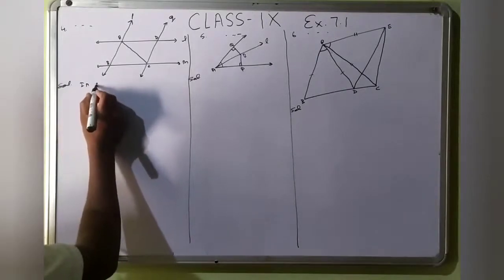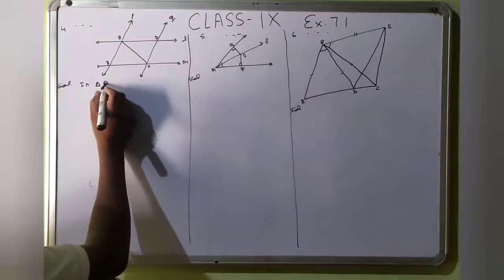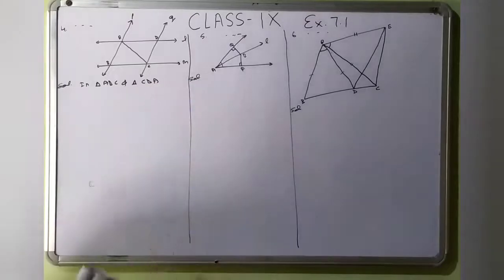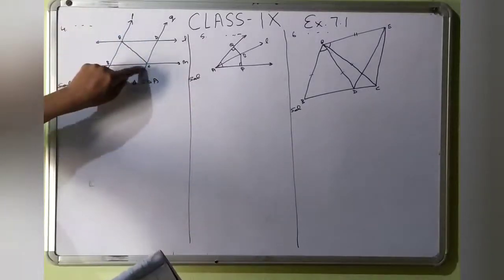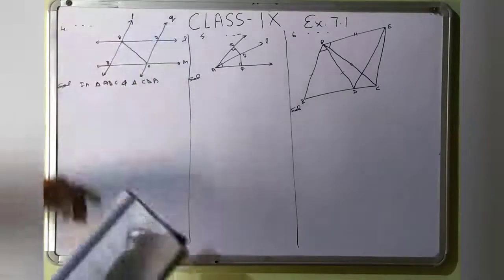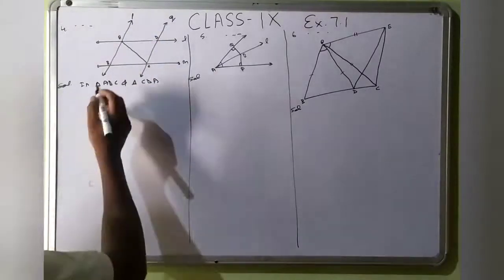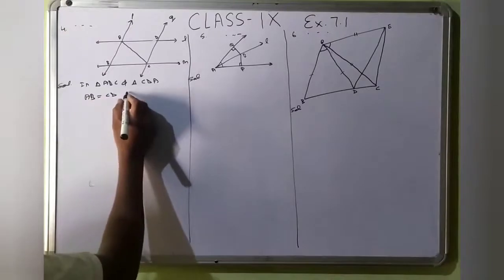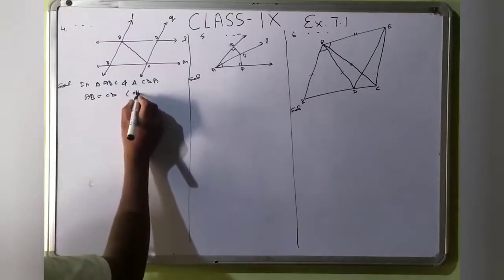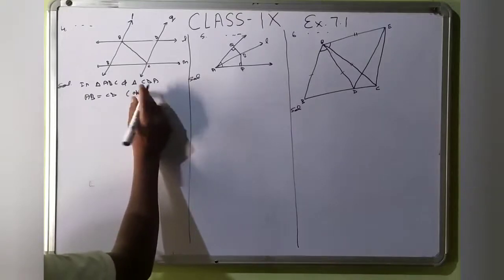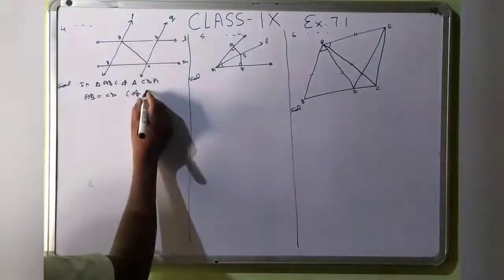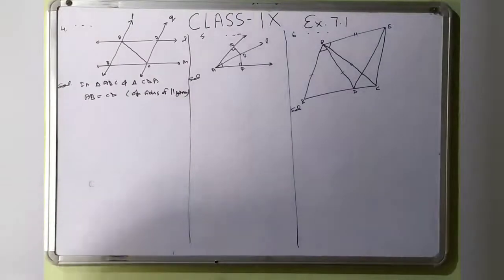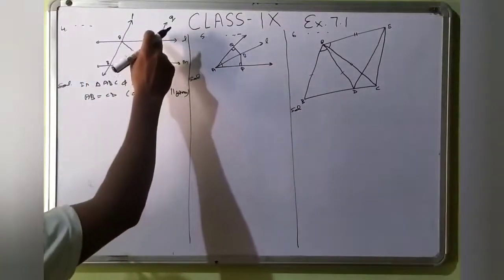So in triangle ABC and triangle CDA, AB is equal to CD, opposite sides of a parallelogram.